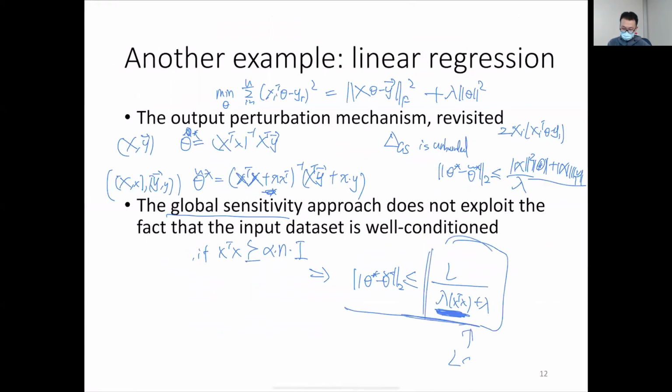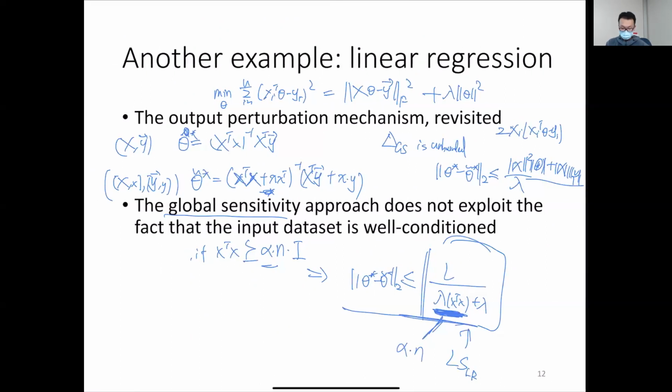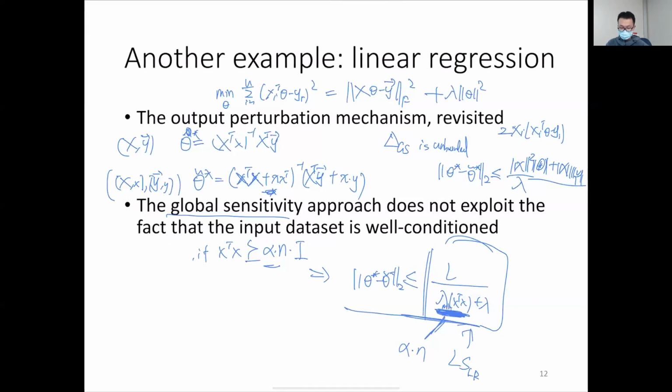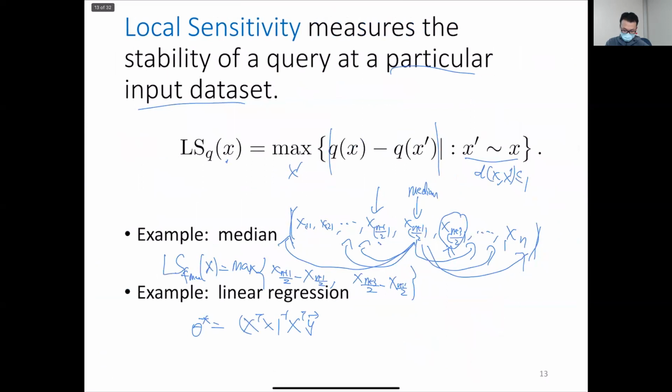So this is actually the local sensitivity of linear regression, because now you are allowed to condition on this particular data set. The local sensitivity is able to exploit the assumption, and this is alpha times n, the smallest eigenvalue of X transpose X. So it will become L over maybe 2L times the smallest eigenvalue of X transpose X. That would be the local sensitivity of this linear regression query.